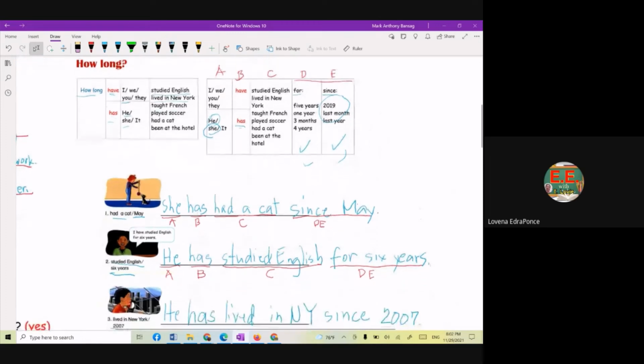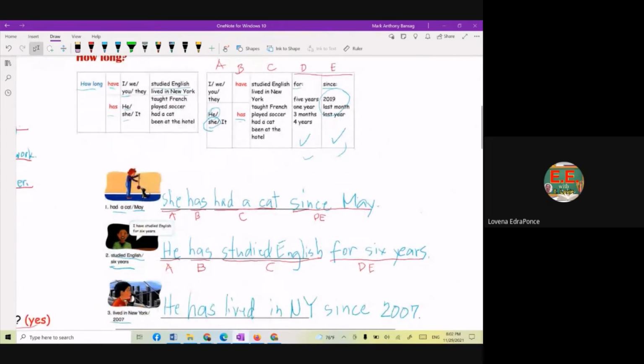Okay, so let's have another one. Number 3, lived in New York and 2007. So this one is our A, has is our B. Lived in New York is our C. And since 2007 is our D and E. Okay, so it depends on the given.